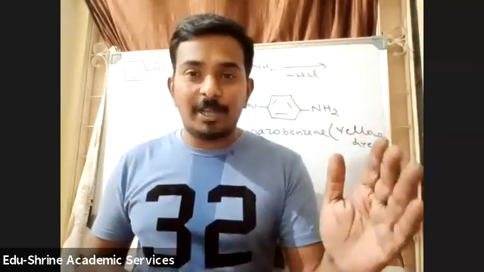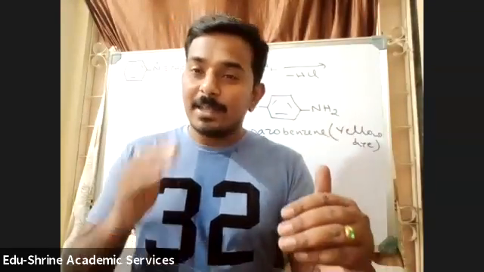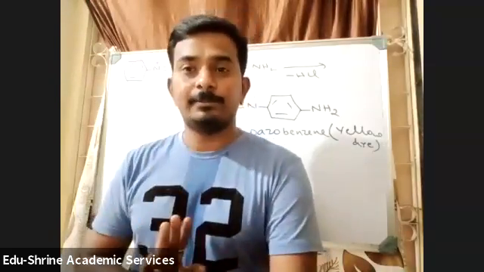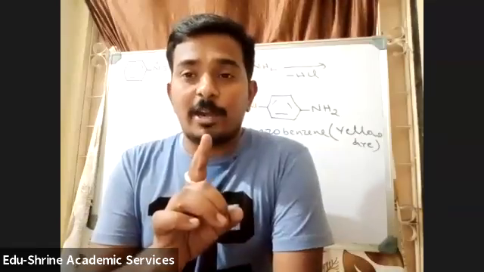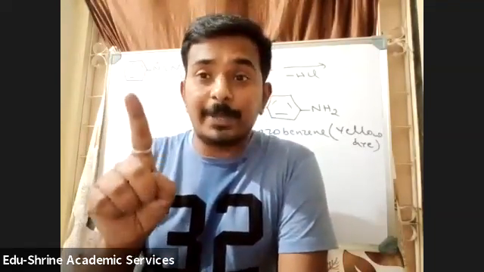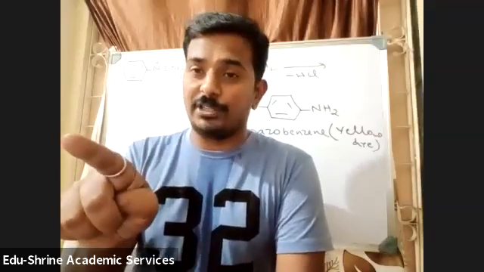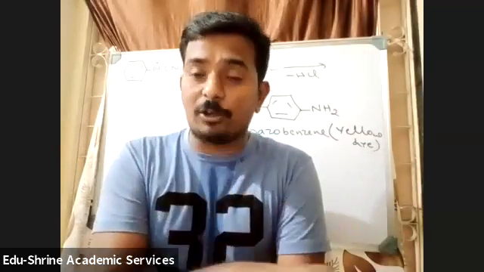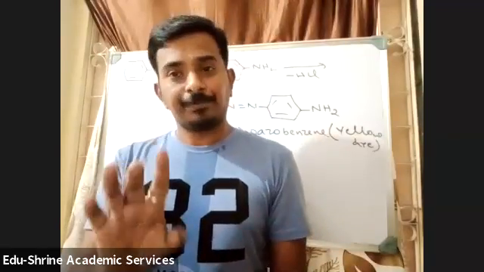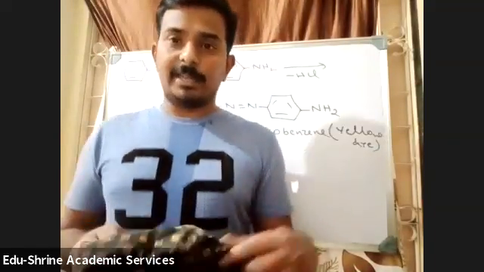Whatever chapter a question number is from here, the same question number will come from the same chapter in the final exam. If the first and second questions in the model paper are from solutions, then in the final theory paper also they will be from solutions. If the third question is from electrochemistry, the third question in the final paper will also be from electrochemistry. I'll share it later.